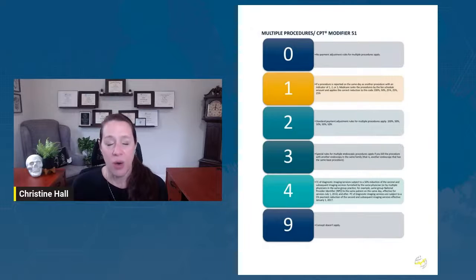That particular code already has this multiple procedure payment indicator built into it, right? An indicator of 2 means that they're going to pay the first procedure at 100% and every procedure after that at 50%. 3 is there are special rules there for endoscopic procedures. Think about an endoscopic procedure.